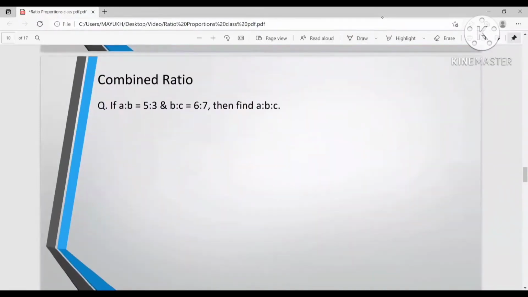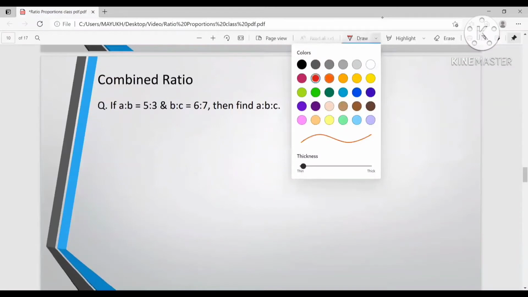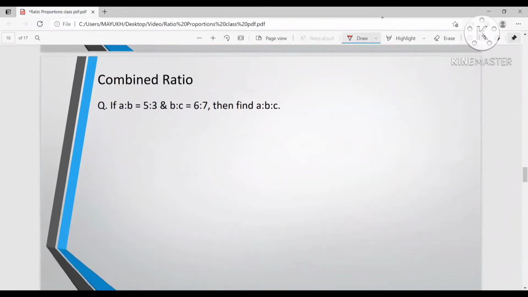Okay. Now comes combined ratio. Now this is where things start to become interesting, and these are the things that come in the questions a lot. We'll understand combined ratio with the help of an example. Let's go.